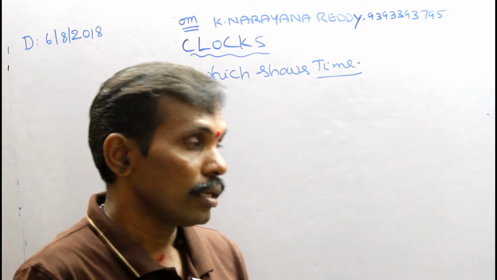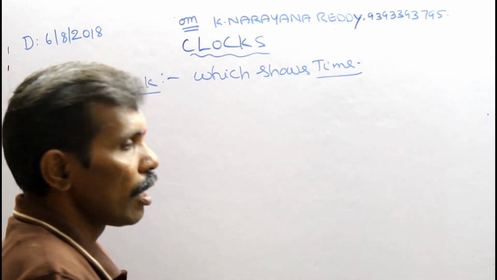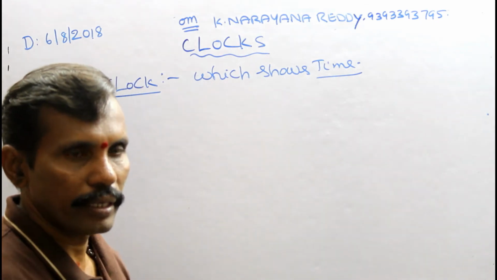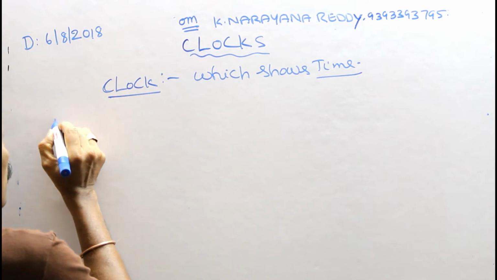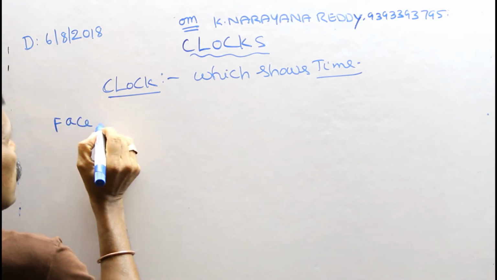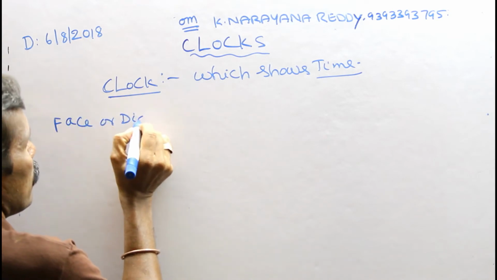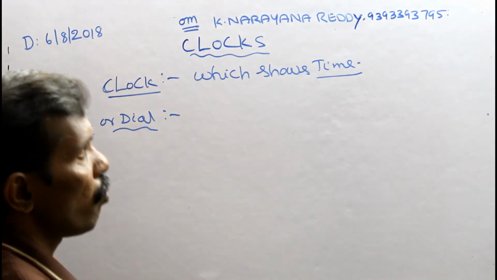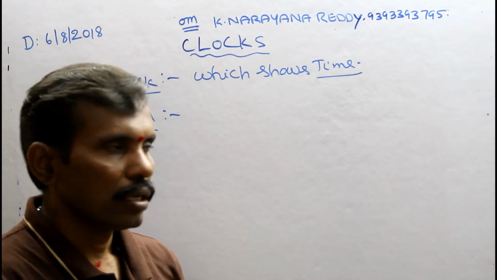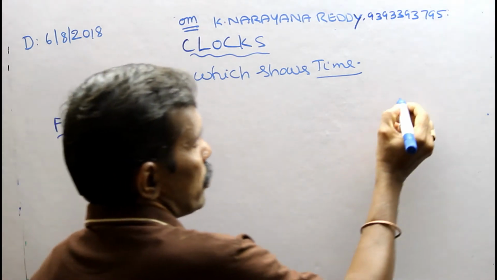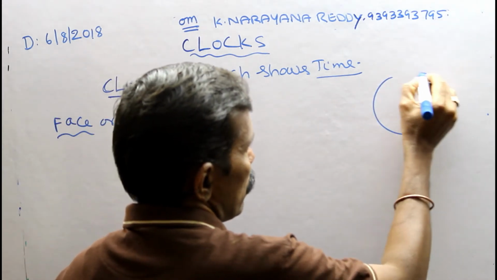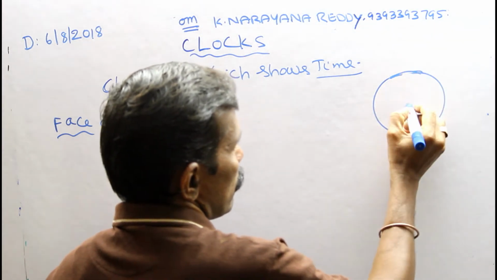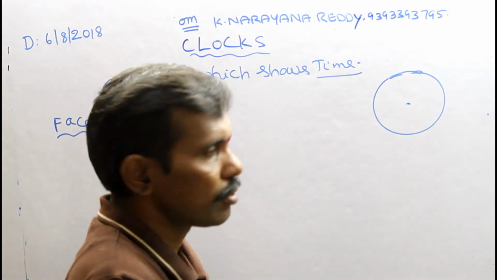A watch contains a face or dial. What is face? What is dial? I will draw a simple watch here. Take the center.